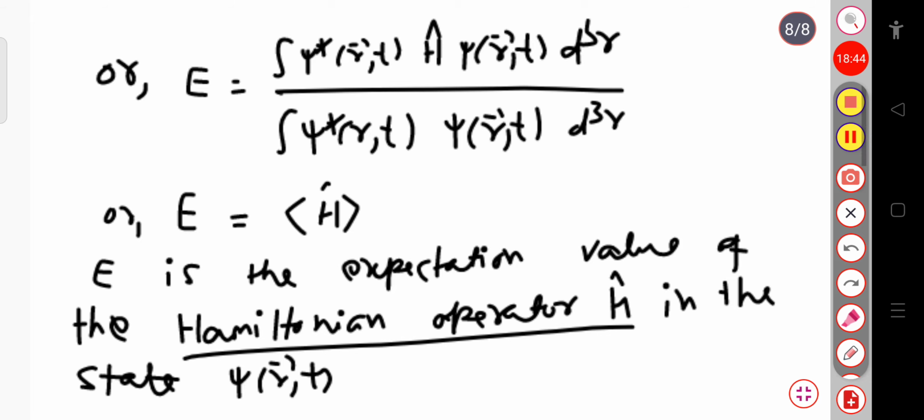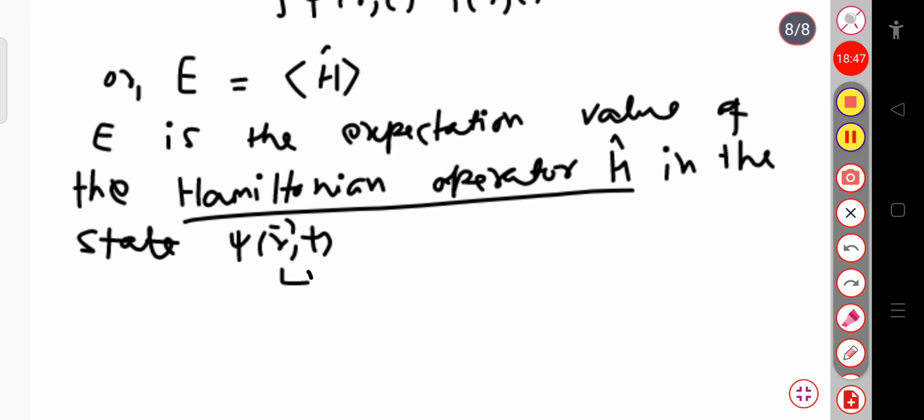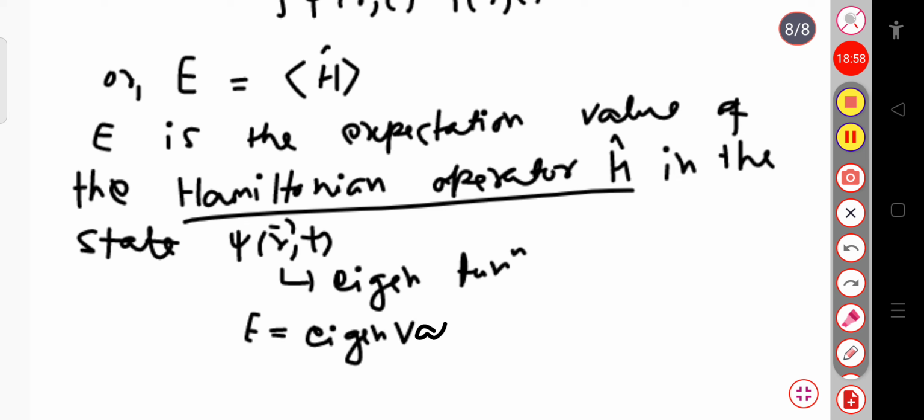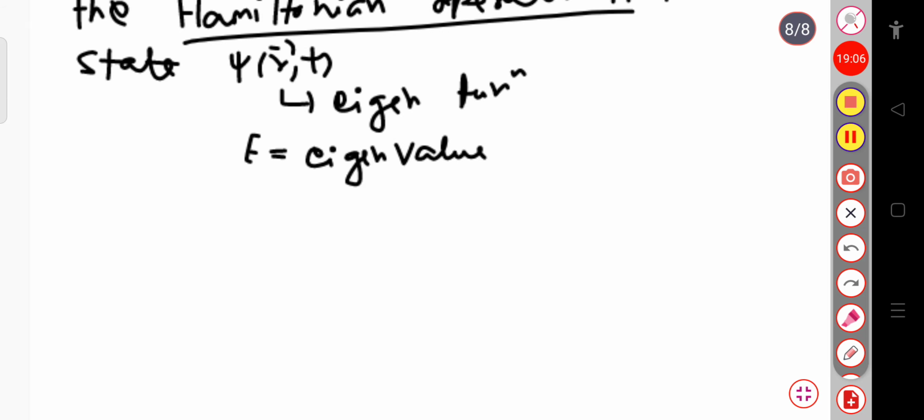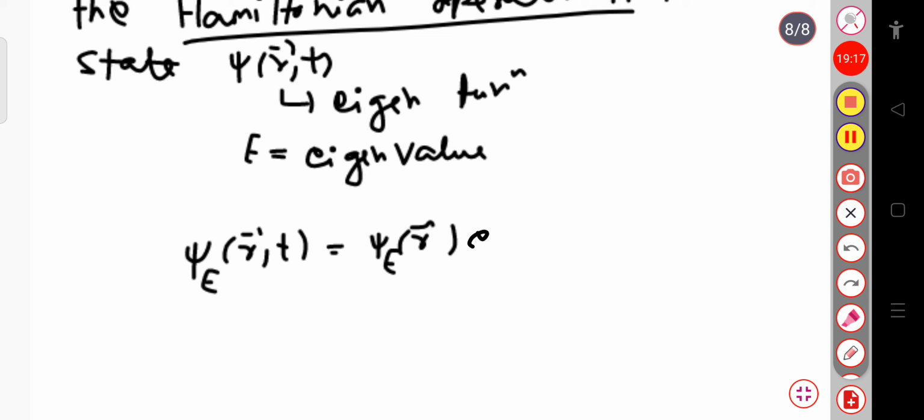This ψ(r,t) is known as the eigenfunction, and E is known as the eigenvalue of that equation. This is the eigenvalue of the function ψ(r,t), or the eigenvalue of the operator Ĥ. So now we can use the subscript E here, that is ψ_E(r,t) can be written as ψ_E(r) into exponential of −iE t/ħ.